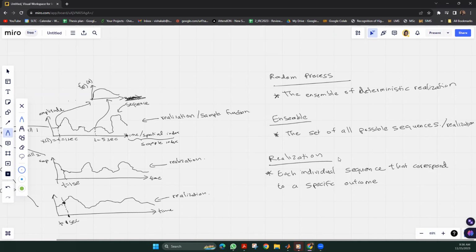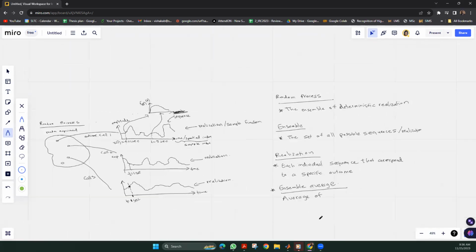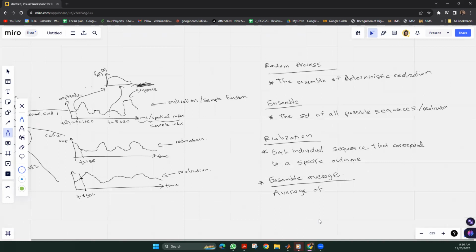When we are considering the ensemble, there is something called the ensemble average, right? The ensemble average means the average of the parameter xt. Let's say now we have considered x1.